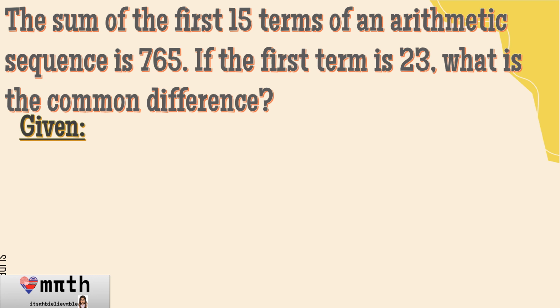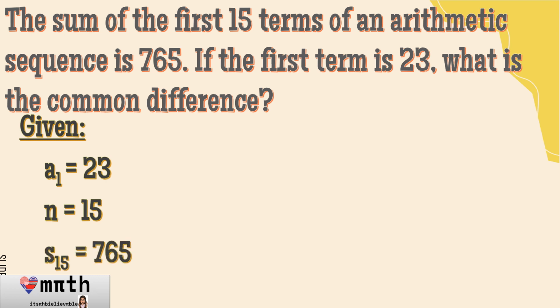So, we had there a sub 1, which is 23, since that is our first term. We had also n equal to 15, since we have the sum of the first 15 terms. And our S sub 15 will be 765, since we have the value already of the arithmetic series.